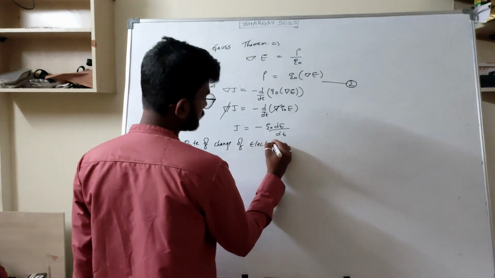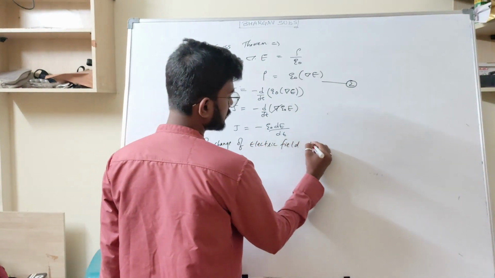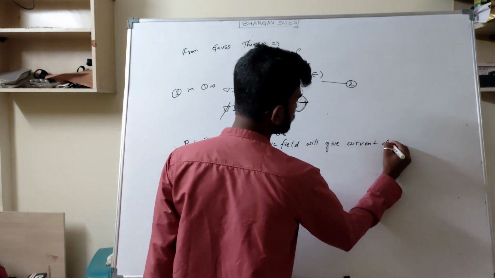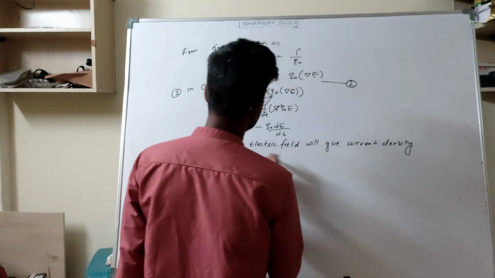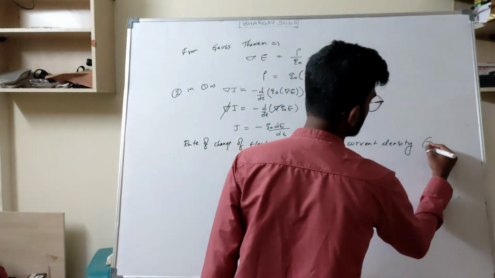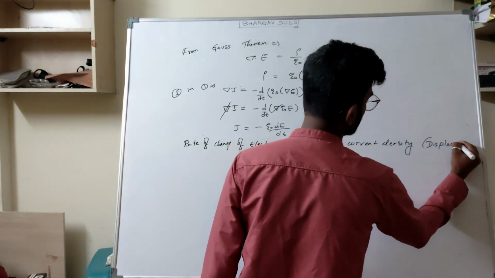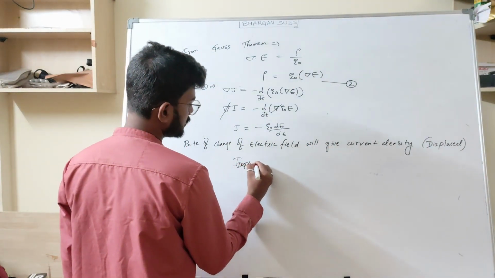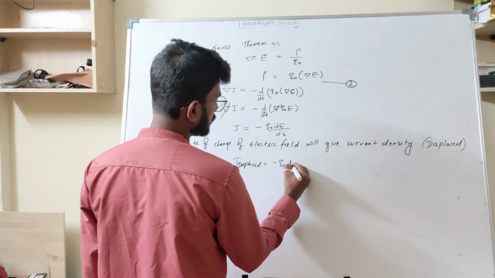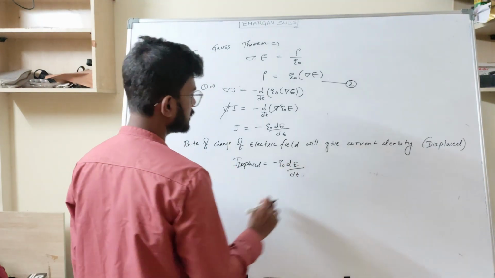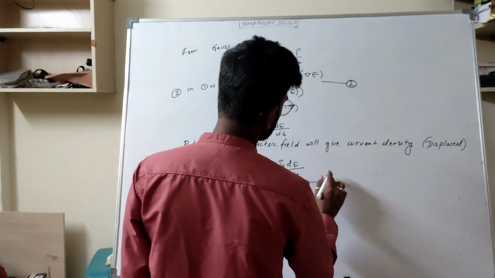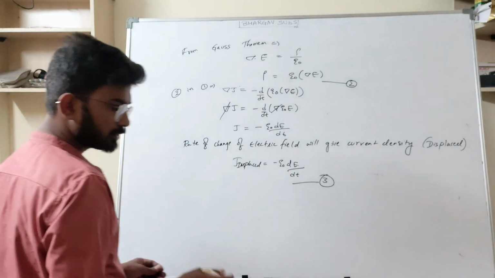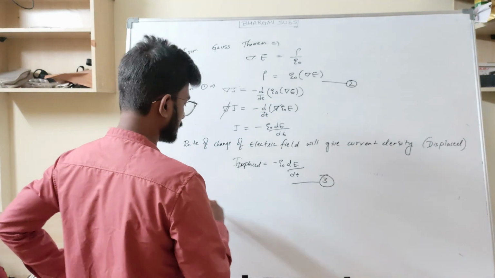So J displaced is equal to minus epsilon naught dE by dt. So this was the third equation.